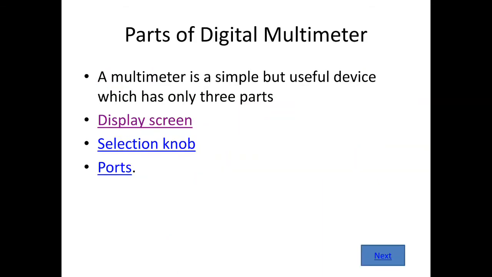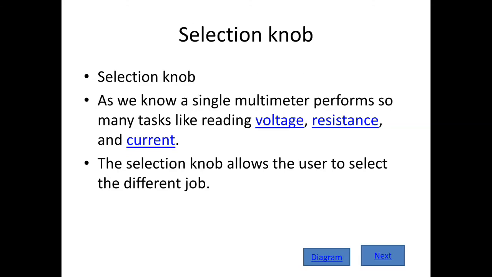The next is your selection knob. The digital multimeter has only 3 parts. First is your digital screen, second is your selection knob, and the third is your ports. Now we have seen the digital screen; the other is your selection knob. What exactly I am going to measure, whether it is voltage, resistance or current, can be selected by the user with the selection knob.